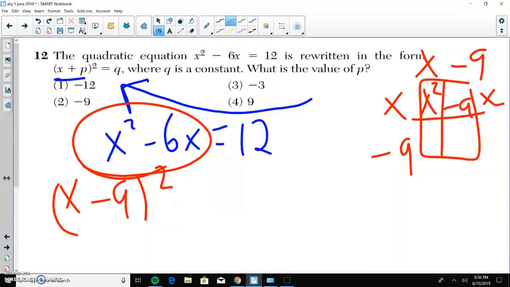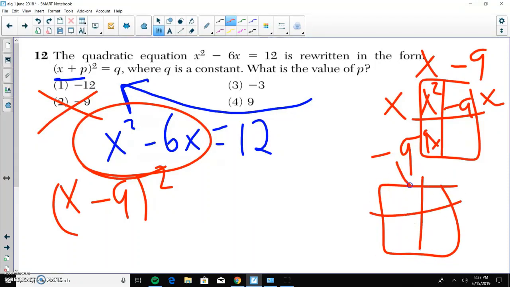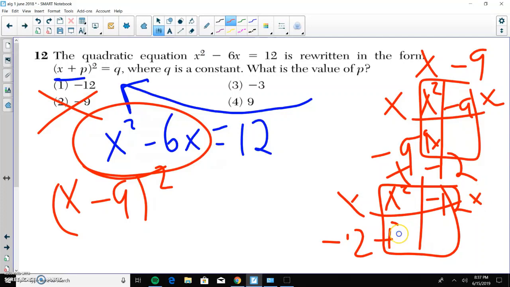So we already see it's not going to work out because of the minus 9x. So it's not minus 9. Minus 12, we could try, but that's way too big. x squared minus 12x, minus 12x, and 144. No, that is not going to work.